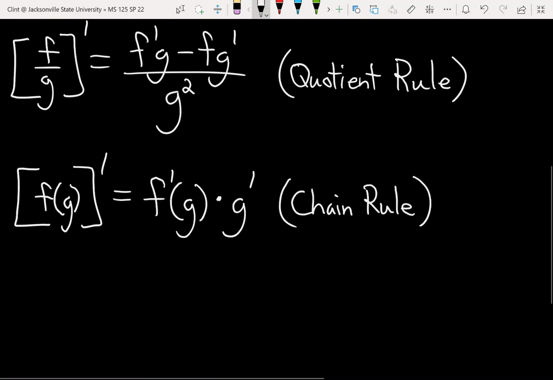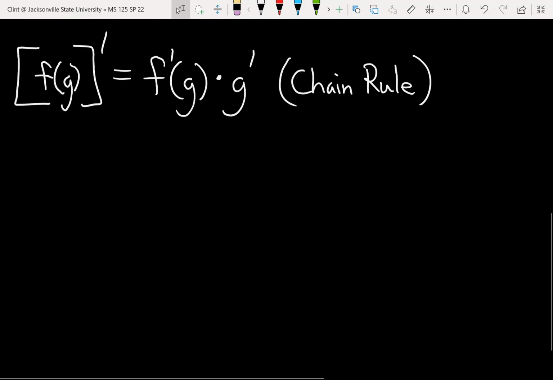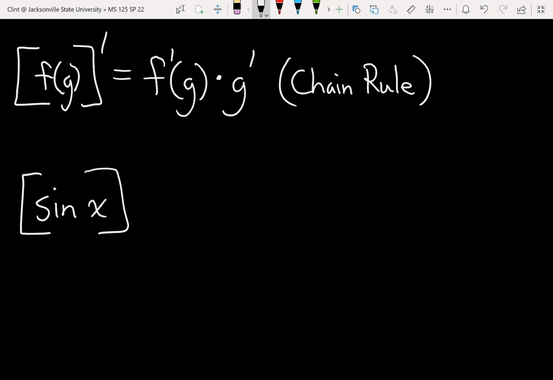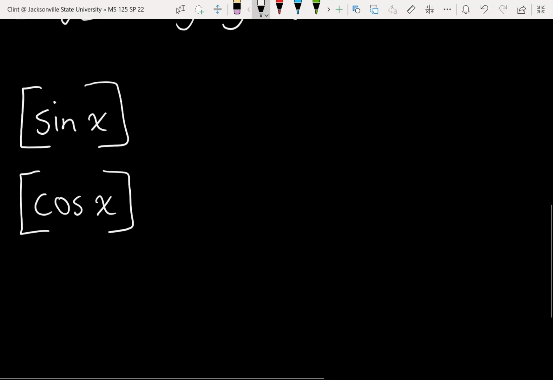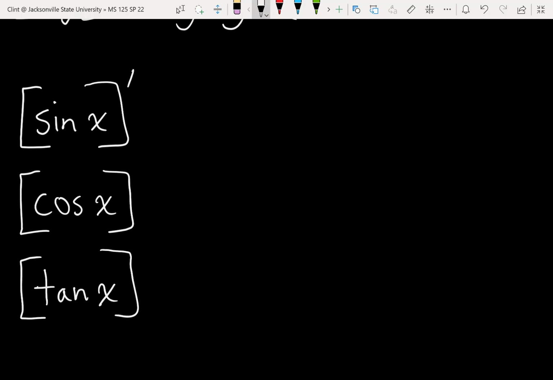So got 6 of those. Tangent. So derivative of sine, what's it?